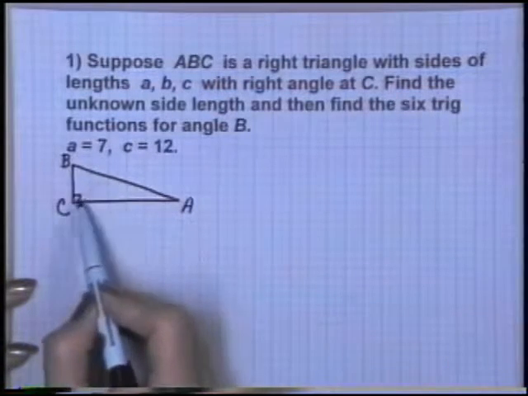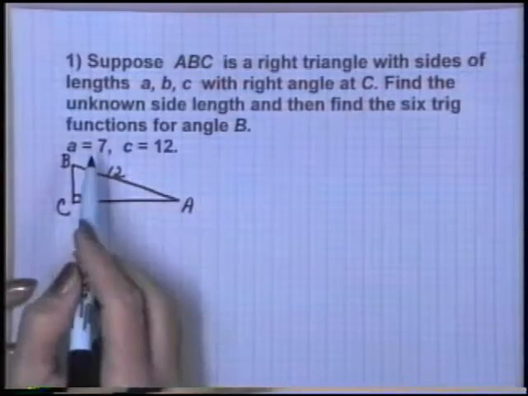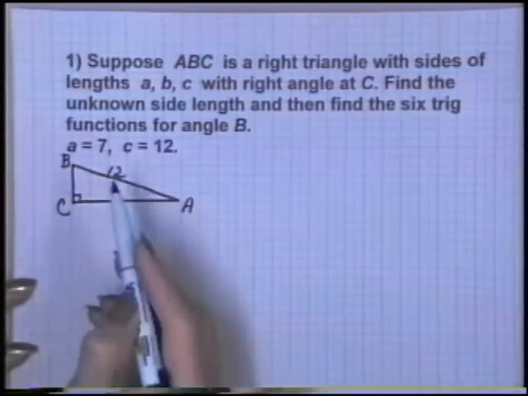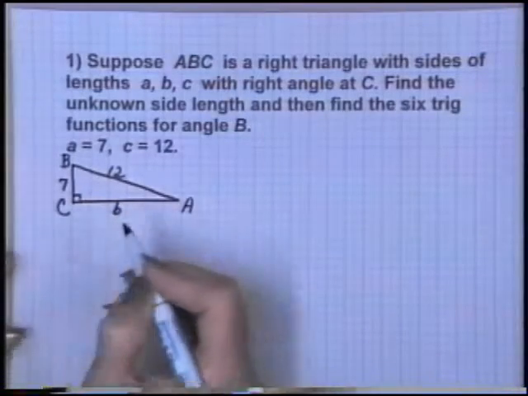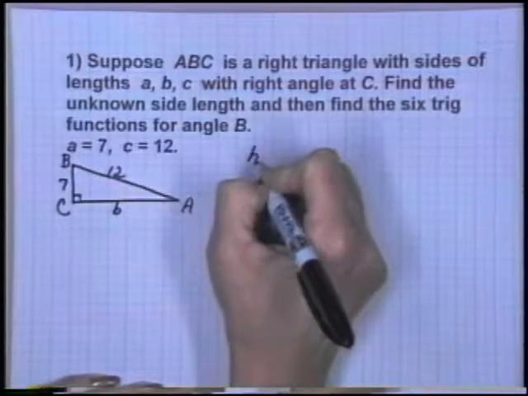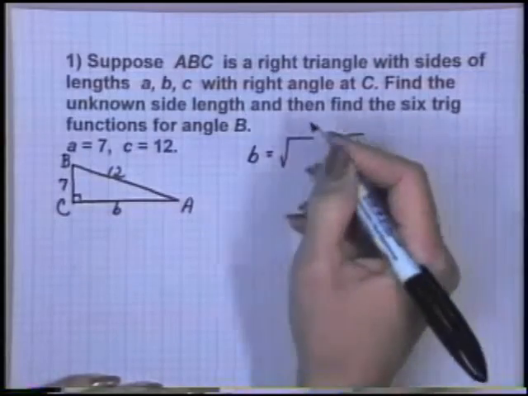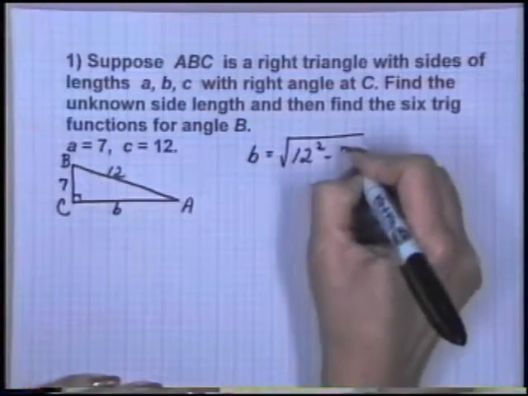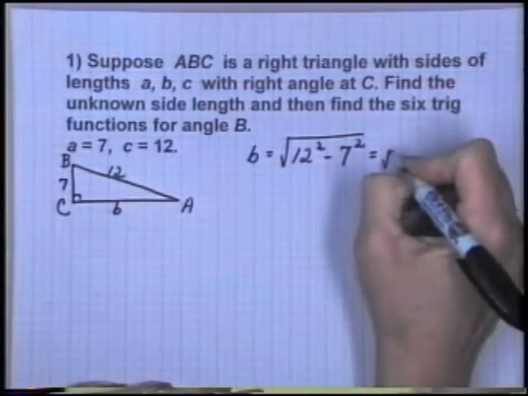Side c, which of course is across from the right angle, would be my hypotenuse, so I know that that length is 12. Side a equals 7, and of course we label the side across from angle A as little a, which is 7, and what I need to find is side b. So since side b is a leg, using the Pythagorean theorem, I know that b equals the square root of the hypotenuse squared minus the other leg squared.